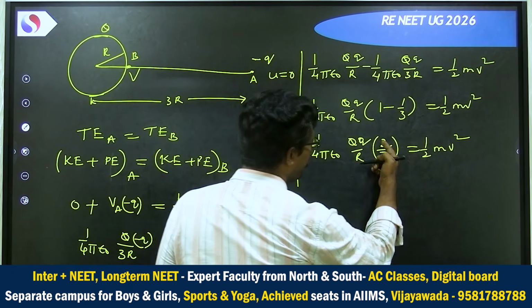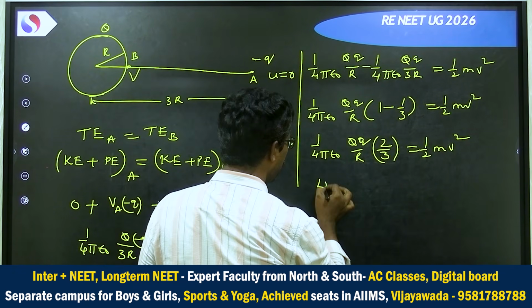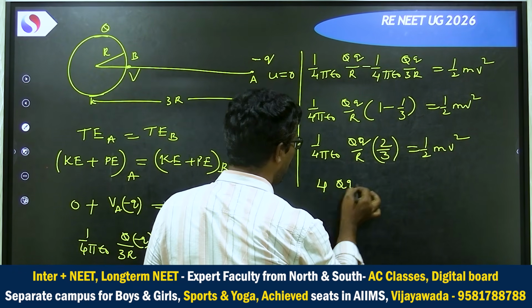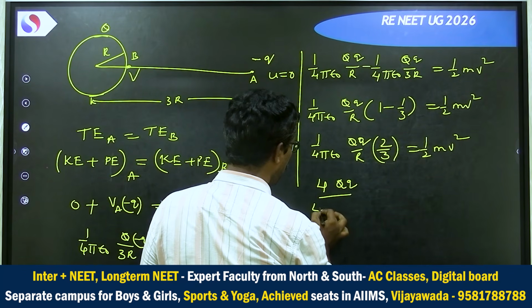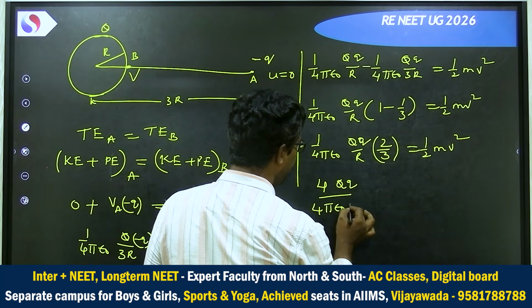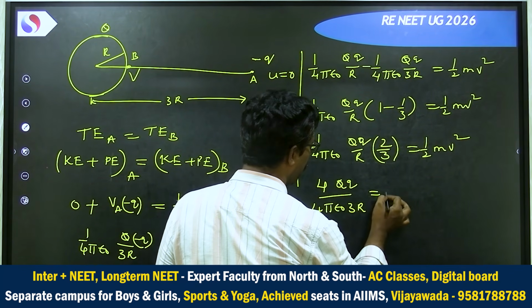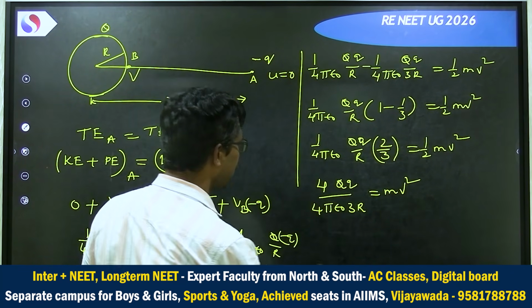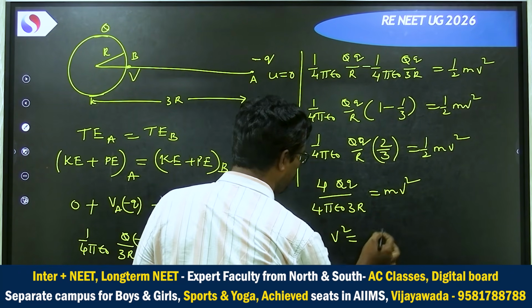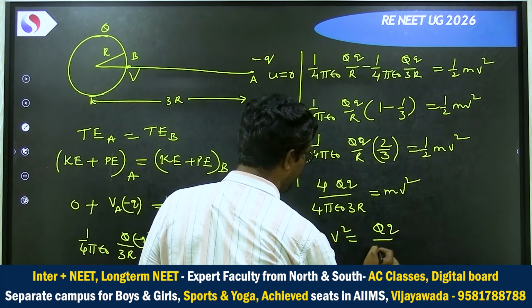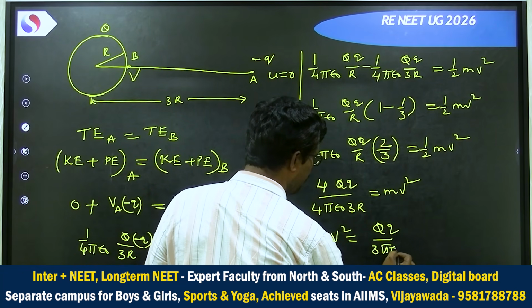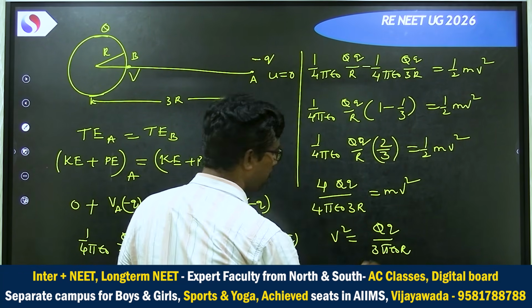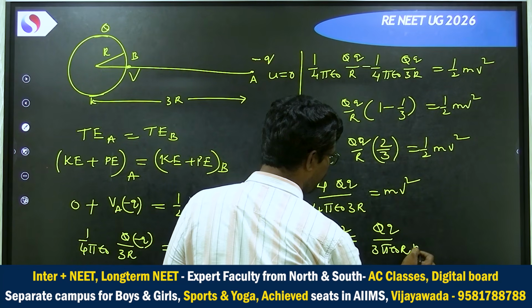We have to multiply this to this side. This is 4 into capital Q small q by 4 pi epsilon naught into 3r is equal to mv square. Here 4 cancels. V square is equal to capital Q small q by 3 pi epsilon naught r into this mass m.